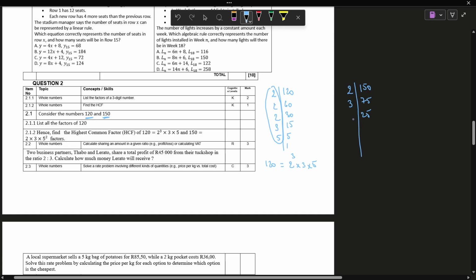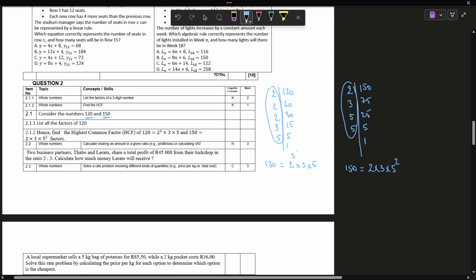By 3 is not going to work anymore. By 4 is not going to work. By 5, 5. And then by 5, 1. In other words, 150 is equivalent to 2 times 3 times 5 exponent 2, because these are the prime factors.